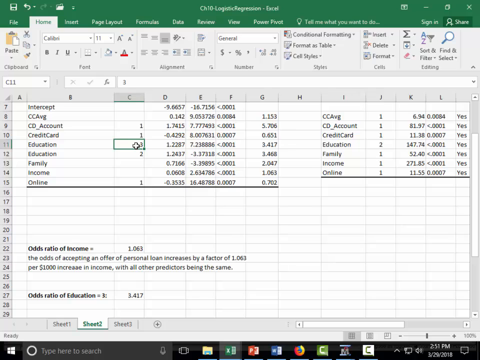Here, that level is 1, right? So 1 represents high school education. So all the comparisons now should be with respect to high school education.